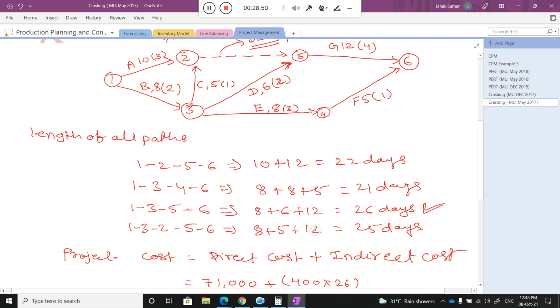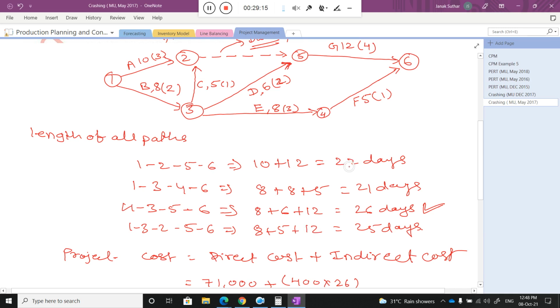So now what is the critical path in that condition? Just tell me. 1, 3, 5, 6. Yes, this is 22 days. And there is one more critical path, that is 1, 2, 5, 6. That is 22 days.